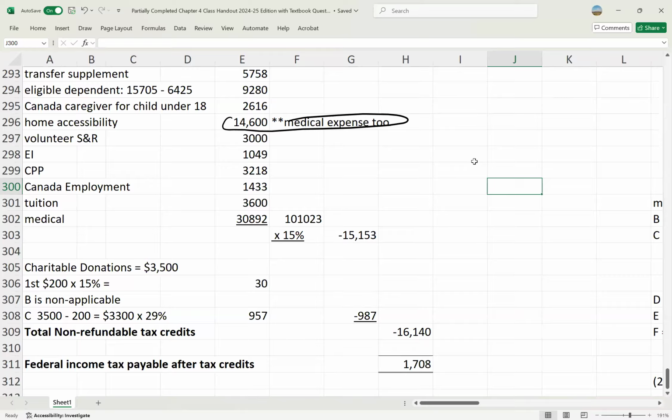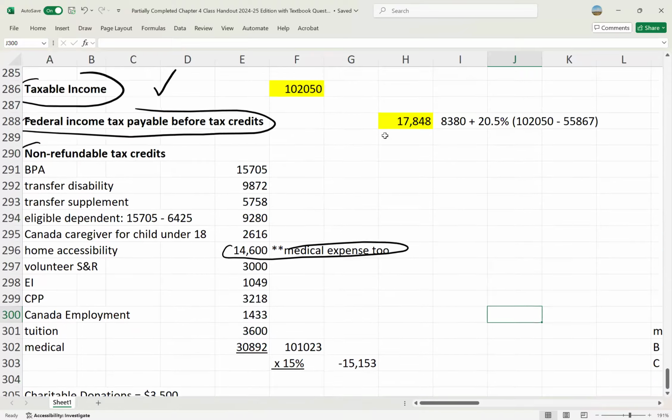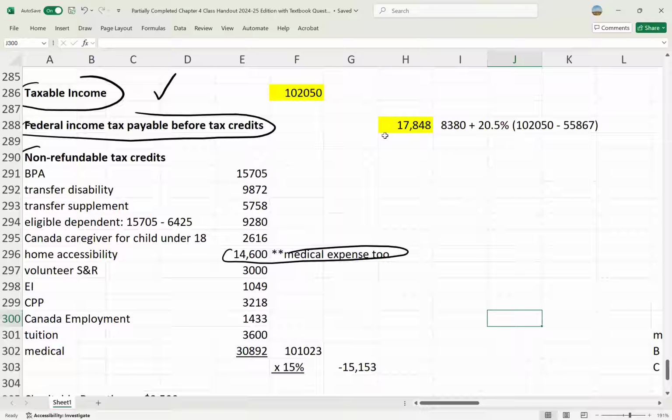Realistically, how would a problem like this compare to a full problem on the midterm? So as I mentioned at the start of this problem, you're not going to get such a big problem by itself. There might be one component where you're asked to calculate all the tax credits for an individual.